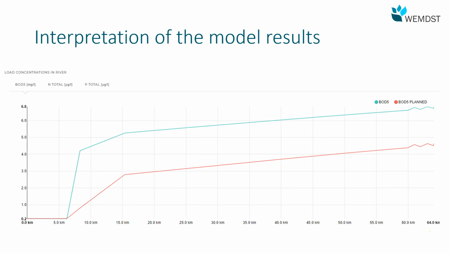Without any treatment, in the current scenario, we have concentrations above 5 milligrams per liter due to these loads. But when the loads are reduced due to the wastewater treatment plant being constructed, the red line shows that the concentrations drop to 3 milligrams per liter.